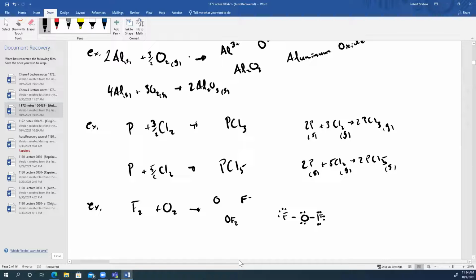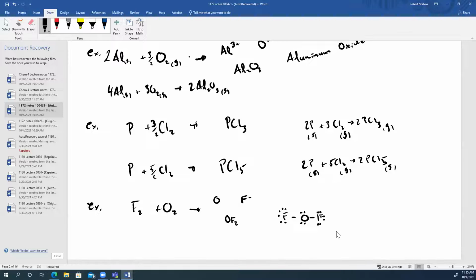Structurally, this helps us because if we know how oxygen bonds, we can figure out it should bond to 2 fluorines. Oxygen likes to form 2 bonds, whether it's 2 single bonds like we have here or 1 double bond. Sometimes oxygen will form 3 bonds, which we'll talk about later.